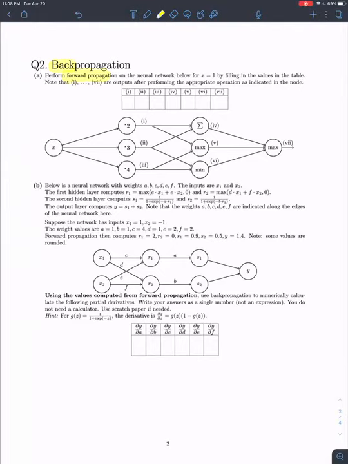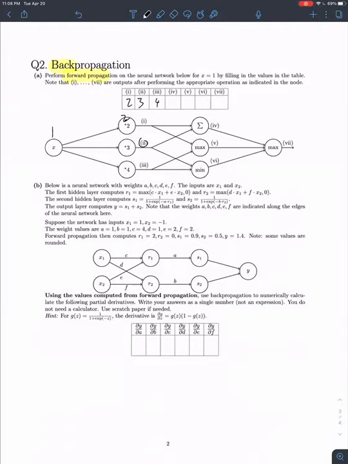We're starting with x equals 1, and we're going to fill in the values of the table. In this node you multiply 1 by 2, which is 2, and that's what you put in I. 1 by 3 is 3, so you put that in II, and 1 by 4 is 4.